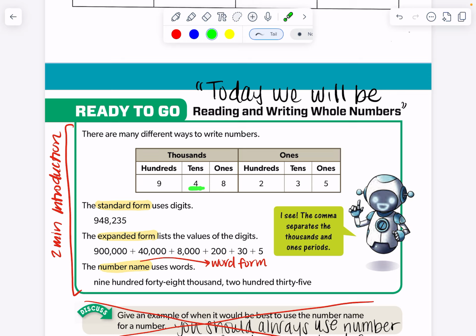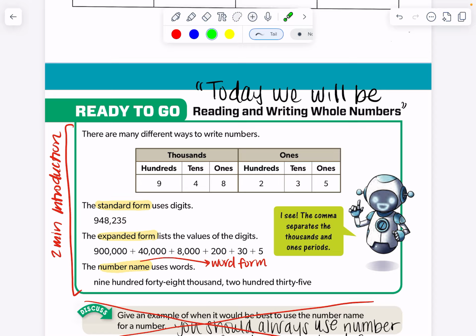Because the 4 is in the 10,000s place, the value of that 4 is 40,000. Also, please note that the value of the digits are merged together through addition signs. So when I add up all the values of each of the digits, it should add up to 948,235.